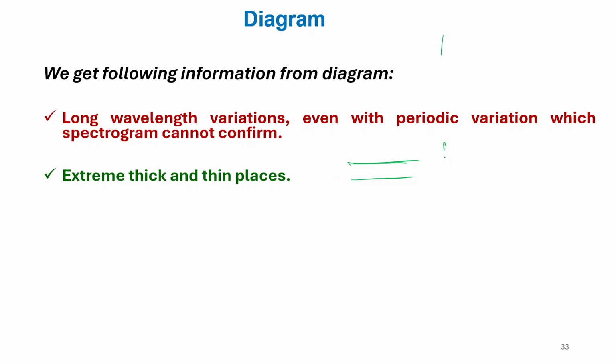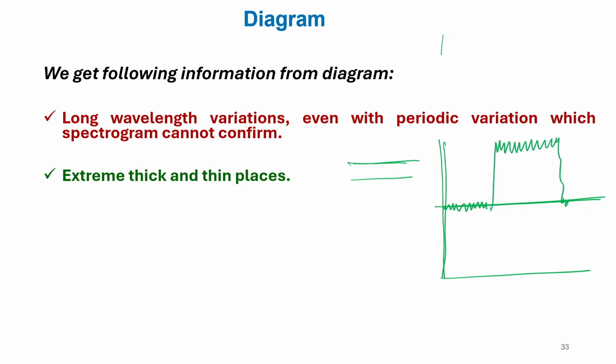In the diagram we get this: this is the normal diagram, suddenly it increases, we get this, and then the normal diagram again.